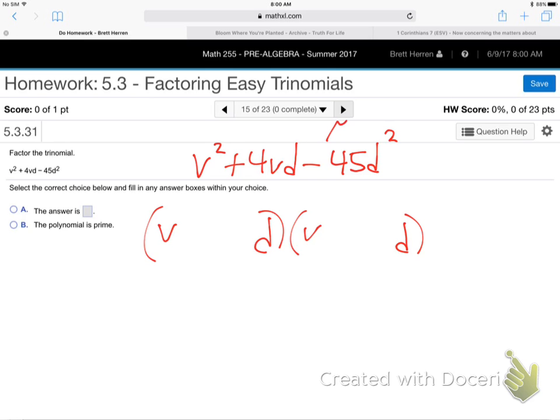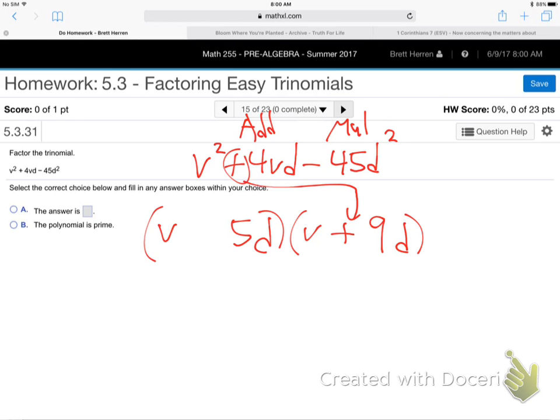All right, so what multiplies to be minus 45, adds to be 4? So what times what is 45? 5 times 9, or 9 times 5, the order doesn't matter. Now, the sign in the middle? On the bigger, always. And then the other sign is whatever works. So what works? Plus 9 and... to make plus 4 in the middle?